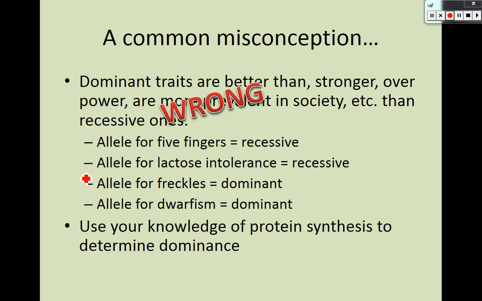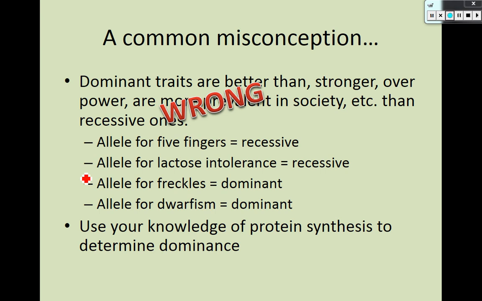So we can look at lactose intolerance and say, okay, I know that there's a gene making lactase. If I have any genes making lactase, I'm going to be able to break down lactose. So that's got to be the dominant gene. The same with freckles. I know that if any genes are making the enzyme for darker pigment, then I'm going to have those darker little spots.